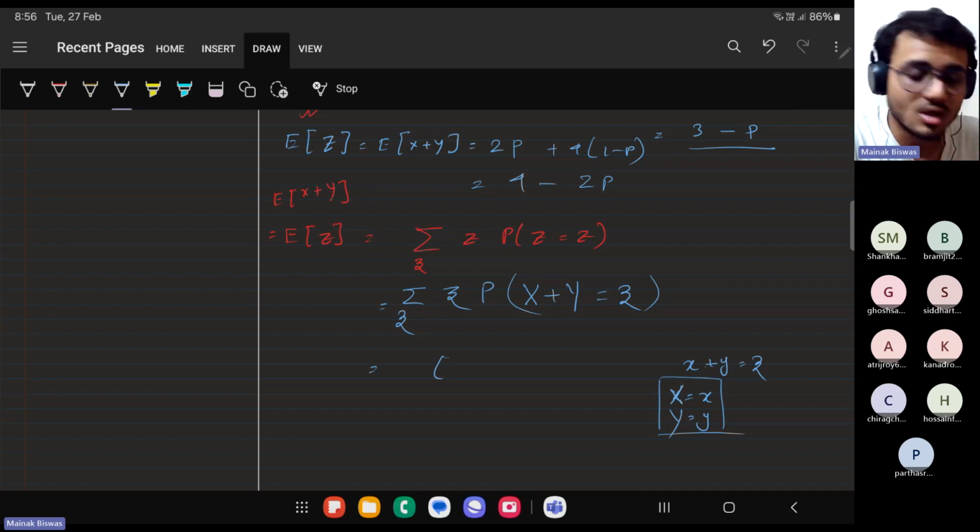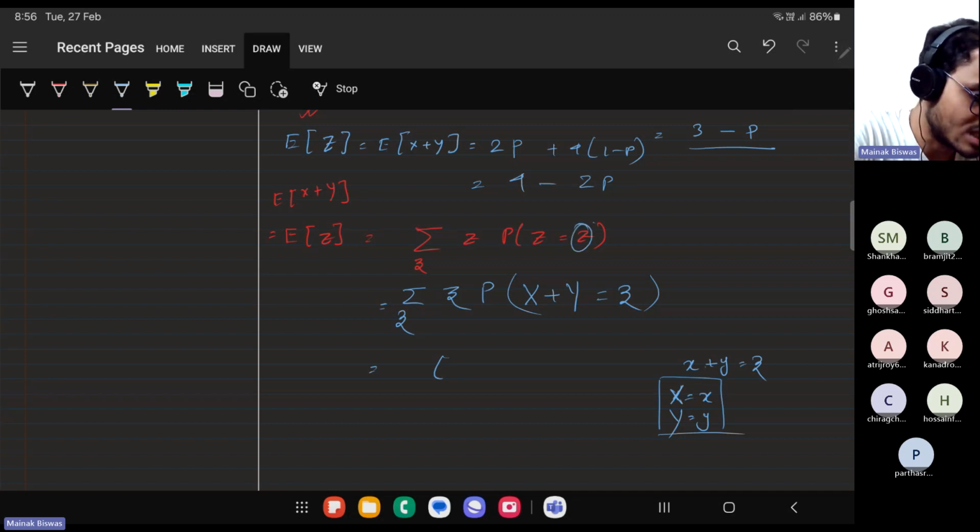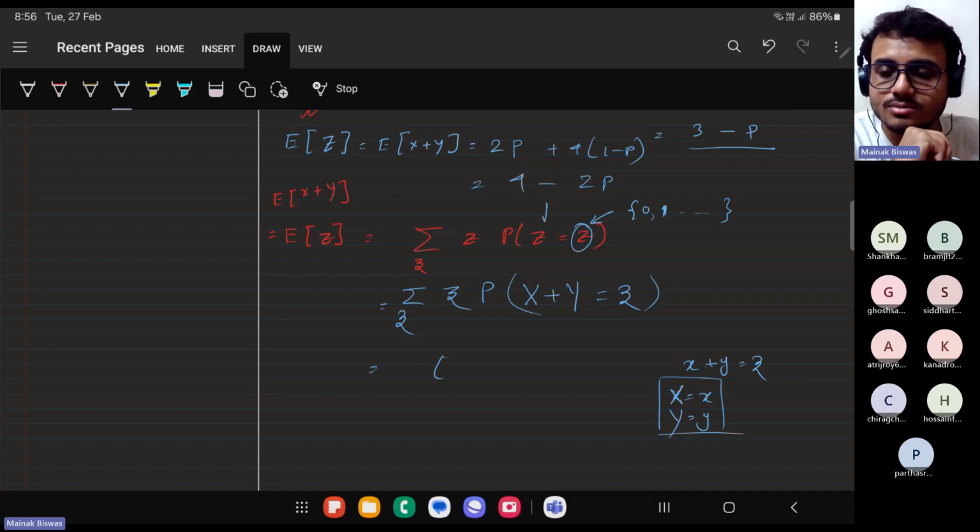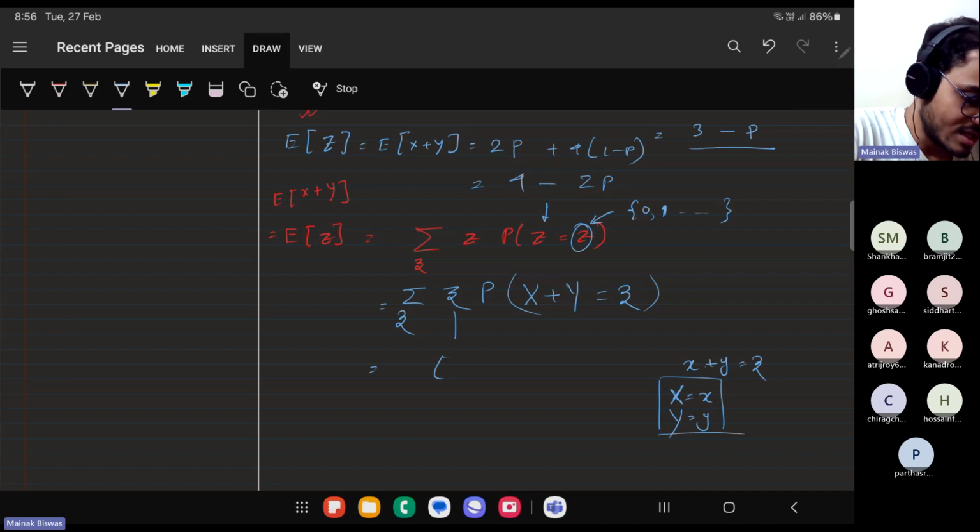So you may be confused. What am I writing here? So this is the value. It can be 0, 1, and so on. And this is the random variable taking that value. Okay. So this small z will be the sum of x plus y times the probability of, I'm cheating a little bit.